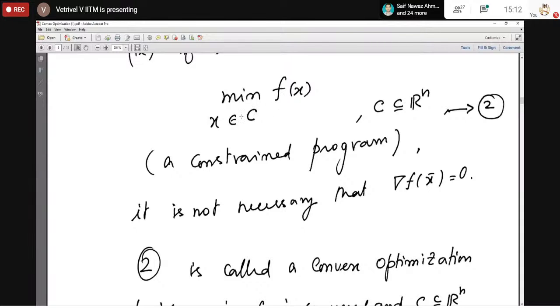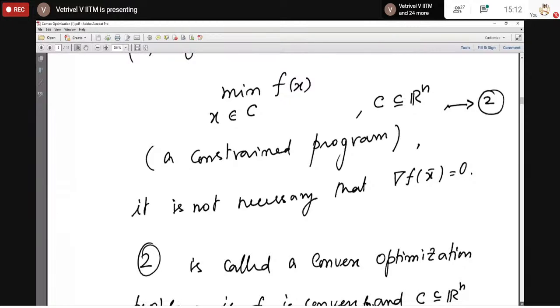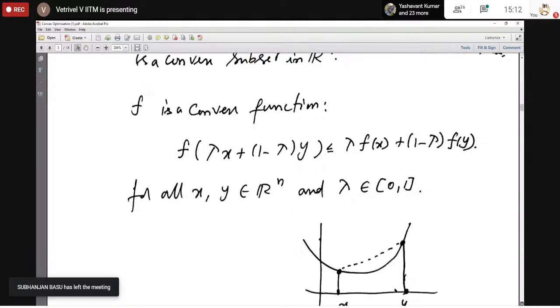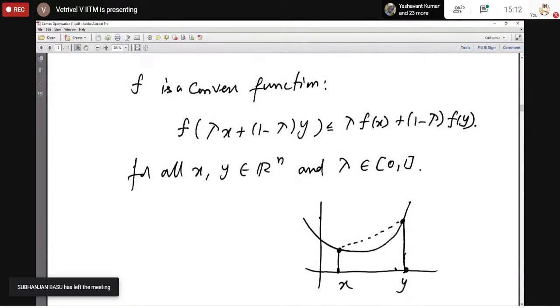Convex set means any 2 points, the line joining them should be inside the set C. Function is convex means, as we studied in calculus, f of lambda x plus 1 minus lambda y is less than or equal to lambda times f of x plus 1 minus lambda times f of y. That means the graph lies below the line segment joining any 2 points x, f x and y, f y. This is purely algebraic.